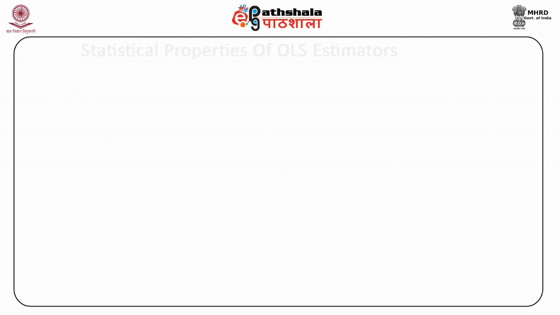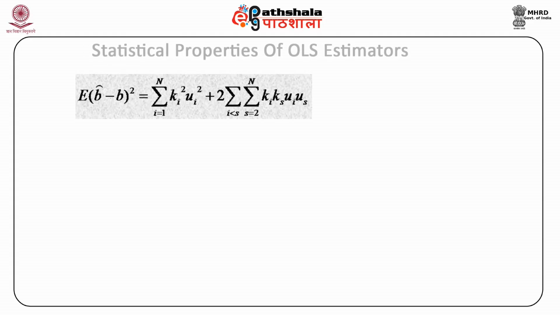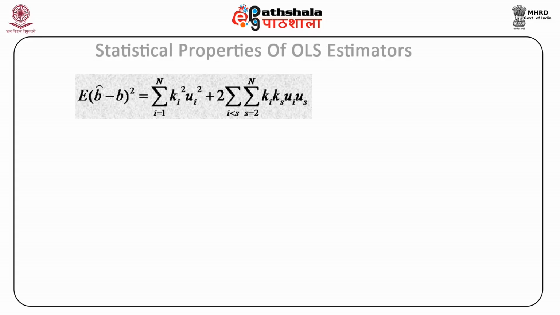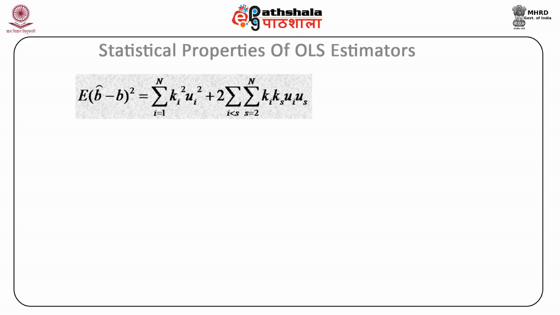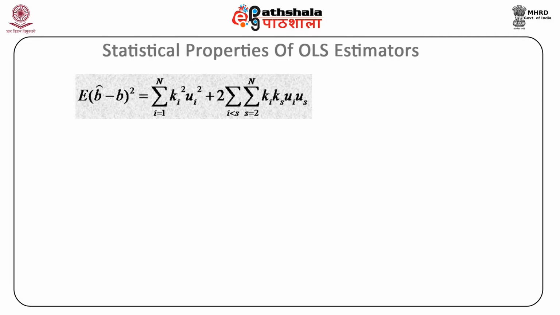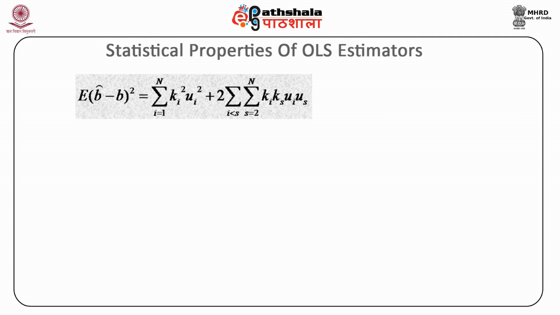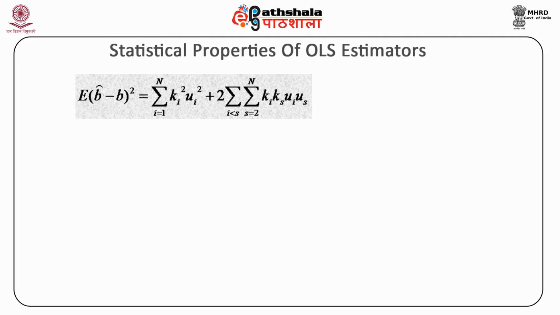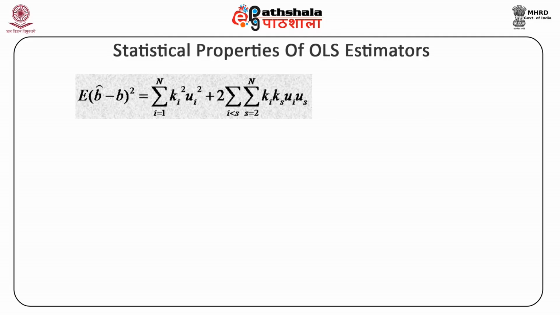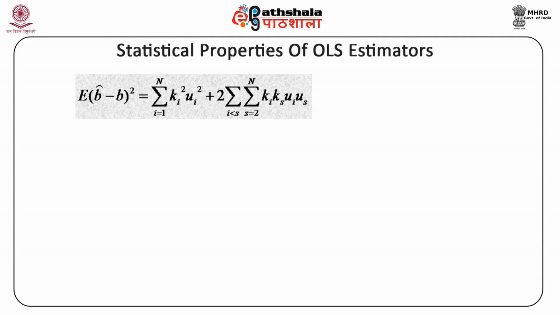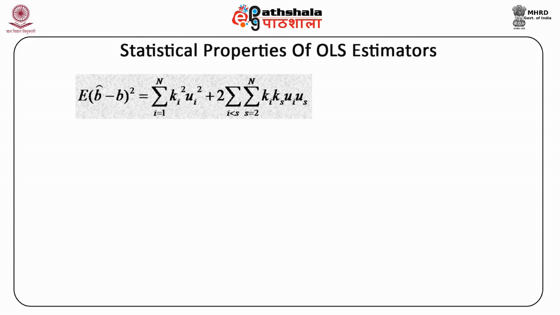Now coming back to the equation on square of sampling error of B hat, we have expectation of B hat minus B whole square is equal to summation ki square ui square, where i ranges from 1 to n, plus twice of double summation ki ks ui us, where i is less than s and s ranges from 2 to n.